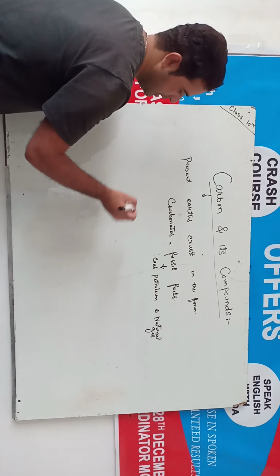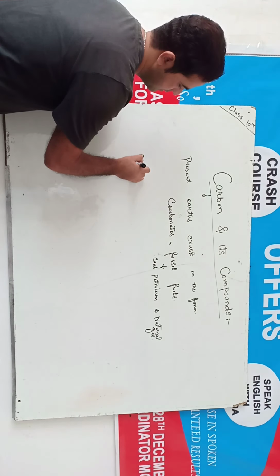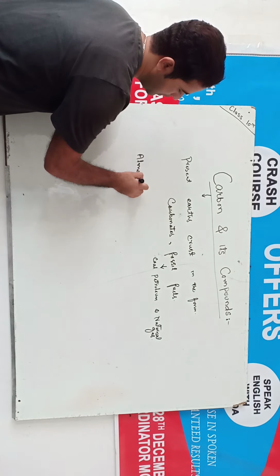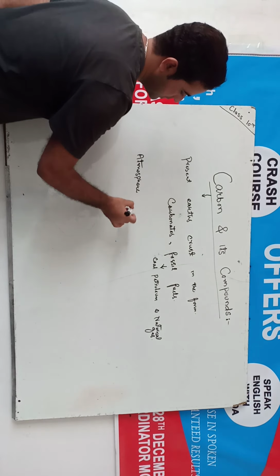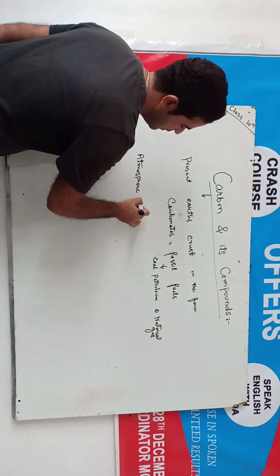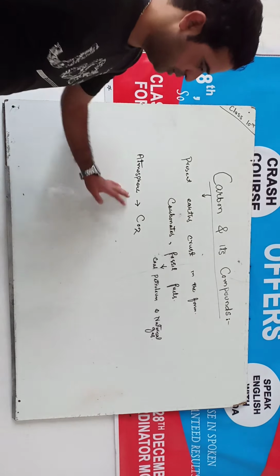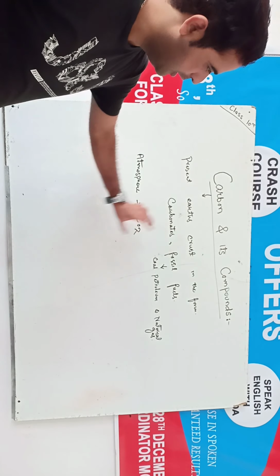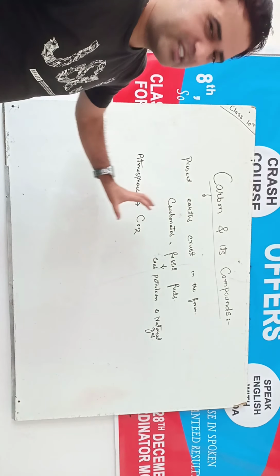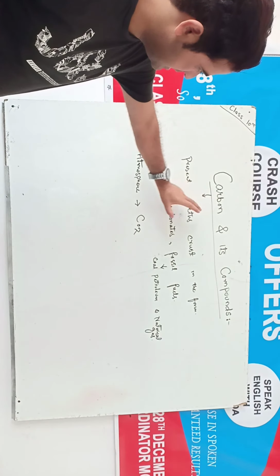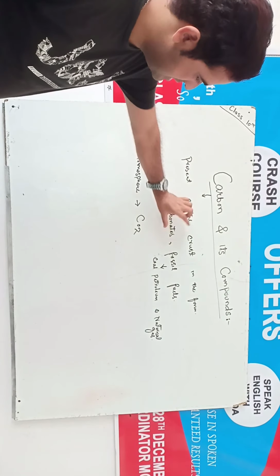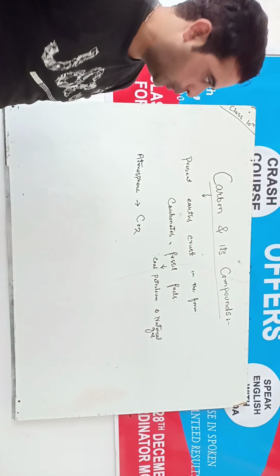And also it is present in the atmosphere in the form of carbon dioxide. But the percentage of carbon present both in the Earth's crust as well as the atmosphere is very low.